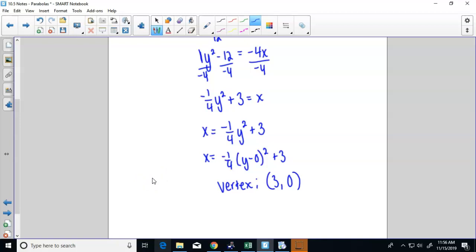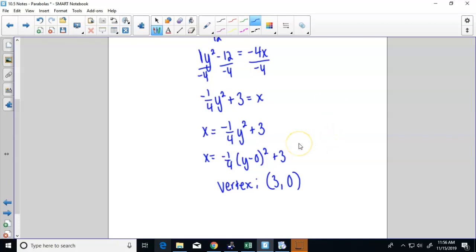When you're talking left or right, your positive direction is right. So if it's positive, it's right. If it's negative, it's left. So which one would it be for this one? What number do we have here in front of our y squared? Left, yes.